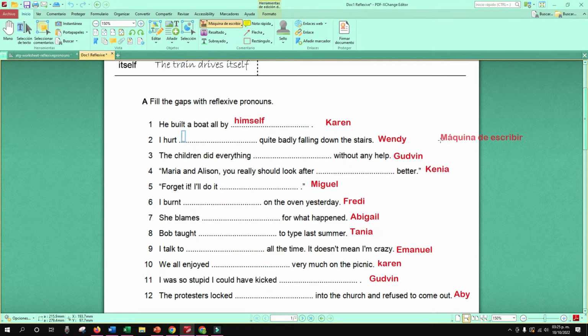Yes, teacher. I hurt myself quite badly falling downstairs. Downstairs, right? Excellent. Mr. Goodwin, number 3.